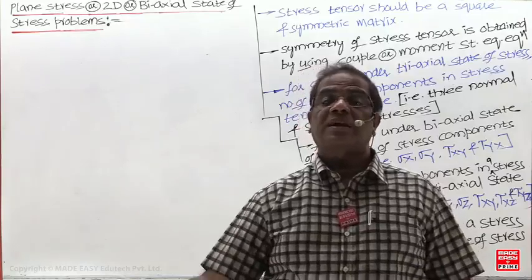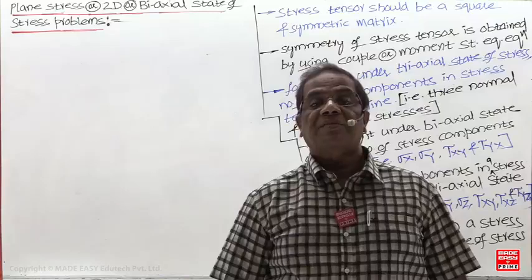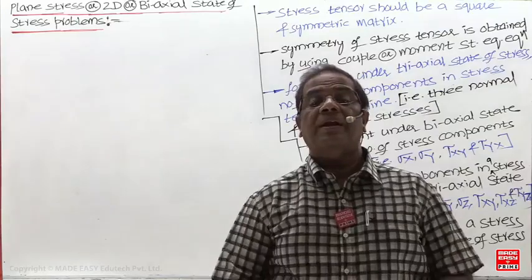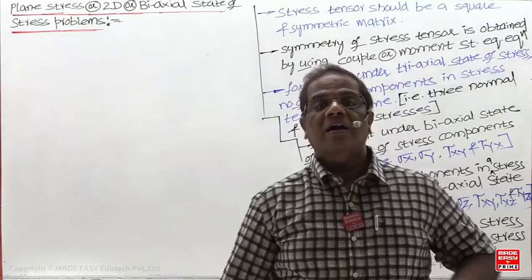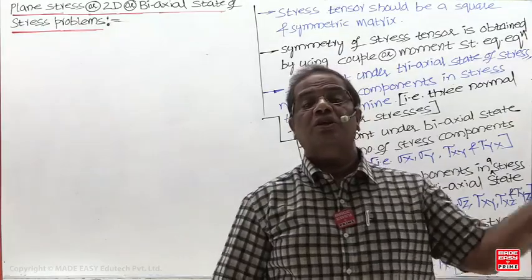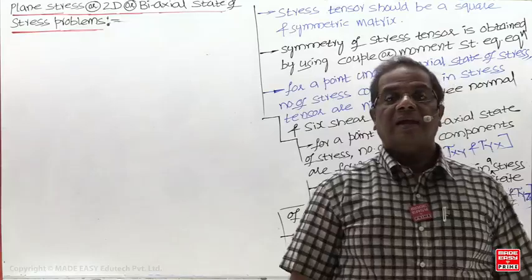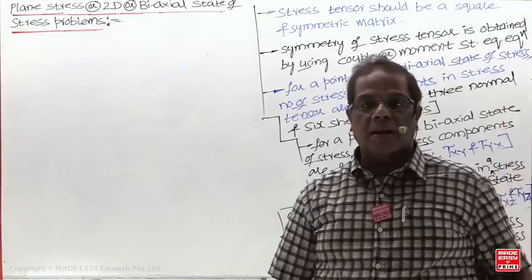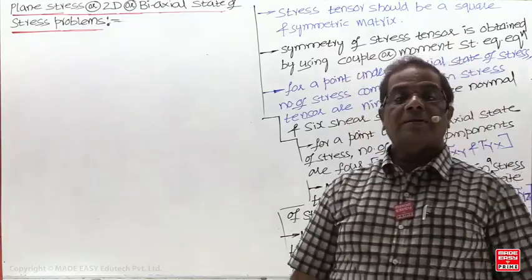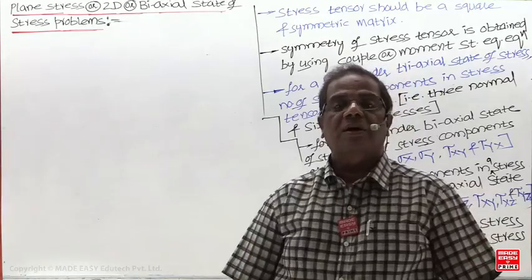If you want to assume the triaxial as biaxial, if the stresses in one of the perpendicular directions are very small in magnitude in comparison to stress in the other two directions. Triaxial means stresses are developed in three perpendicular planes, but that problem should be assumed as biaxial. Then what is the condition now?